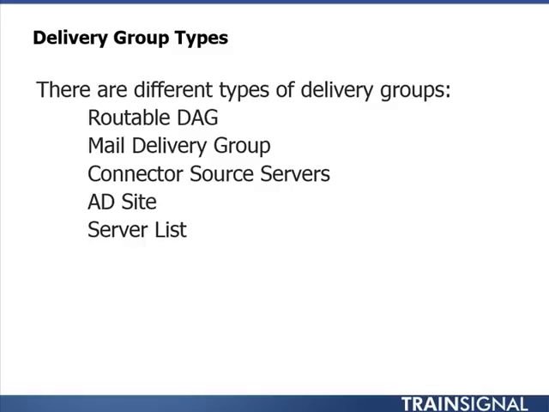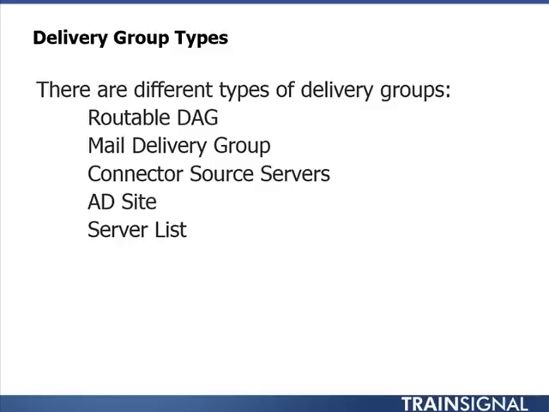When it comes to the mail delivery group, we're looking at a mixture of server types, whether it's 2010 or 2013, and a situation where it's all based upon Active Directory sites. But the other three, the connector source servers, Active Directory site, which is really when it's a hub site, and server list, are where something has been configured that interferes with the default flow of mail and forces things to work a different way.